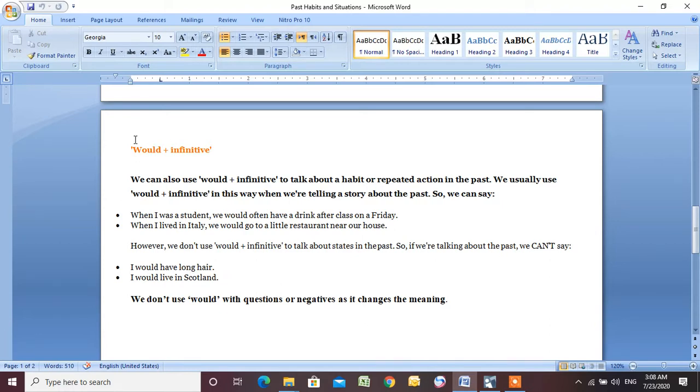So it doesn't give the meaning of expressing a habit that happened in the past. Okay? So that's why we don't use it with states in the past, because it changes the meaning, and when it changes the meaning, it's something else, not this expression that we're talking about.